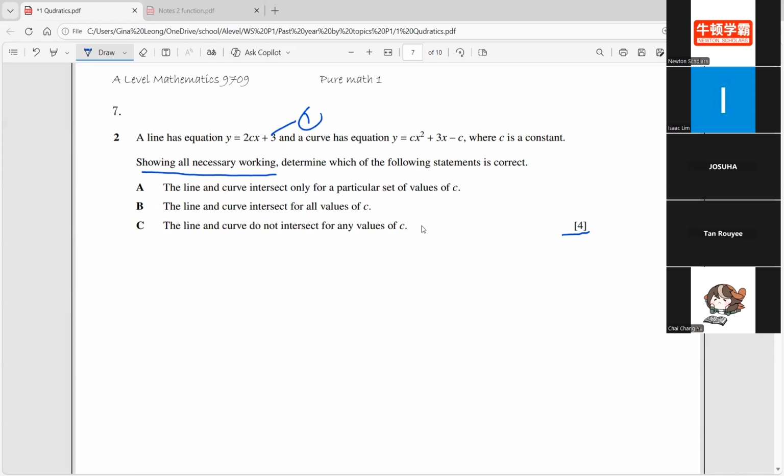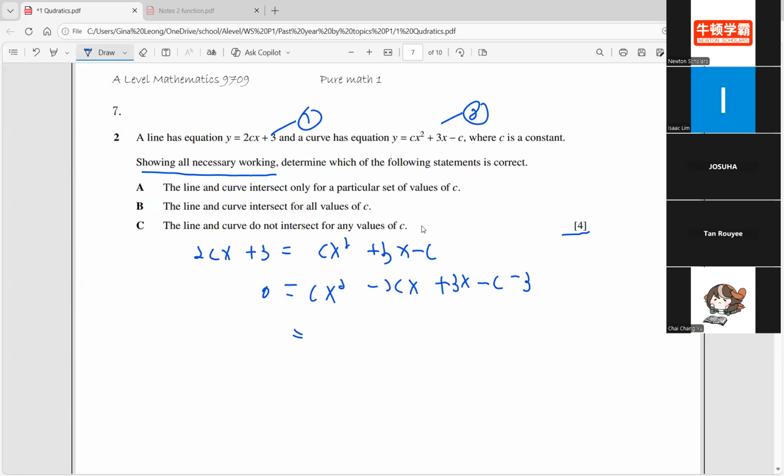Same thing, equation 1 and equation 2. 2cx plus 3 equal to cx squared plus 3x minus c. Okay, we try to simplify. 2cx plus 3x minus 3.